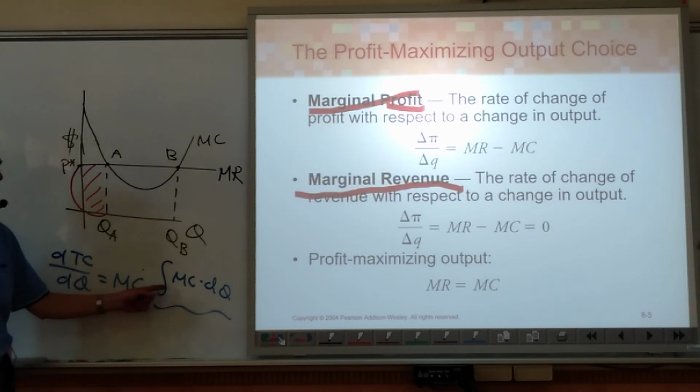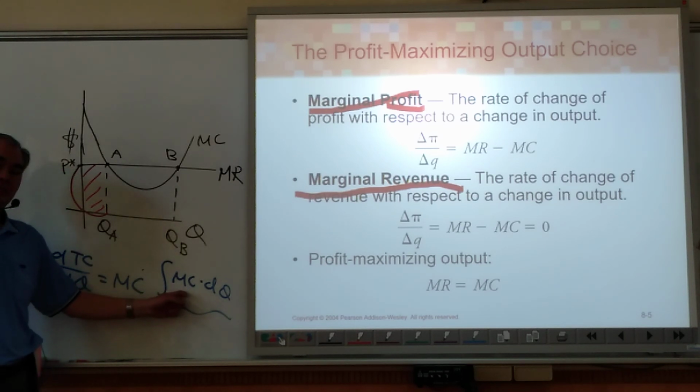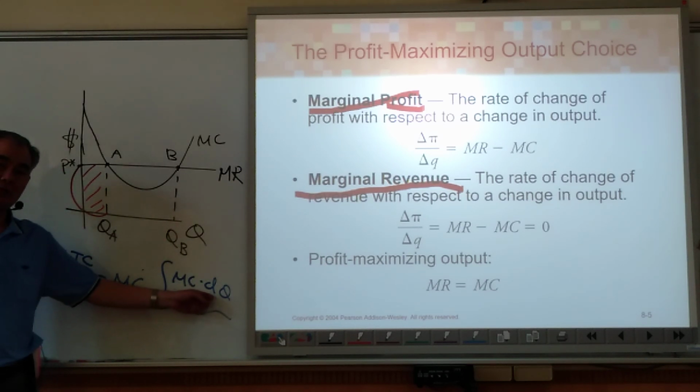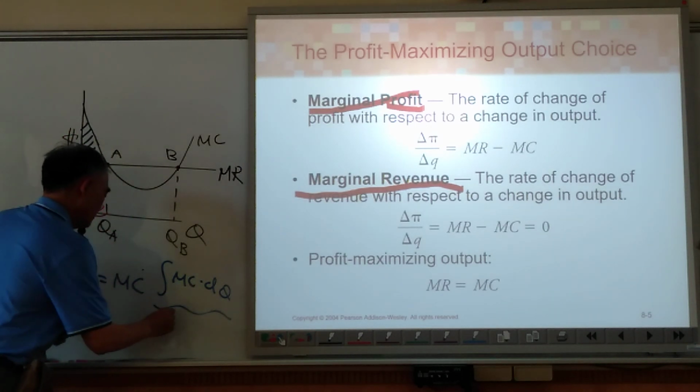So here, if we differentiate TC with respect to Q, we get MC, marginal cost. And if we integrate MC, what do you get? You get total cost. So this area plus this area, that is under MC, right? So the blue part plus the red part is equal to total cost.